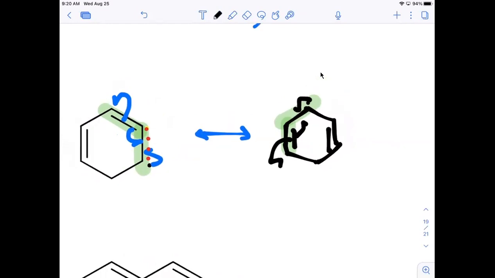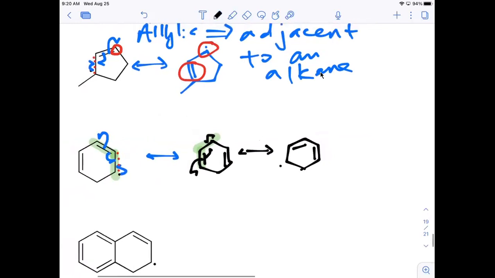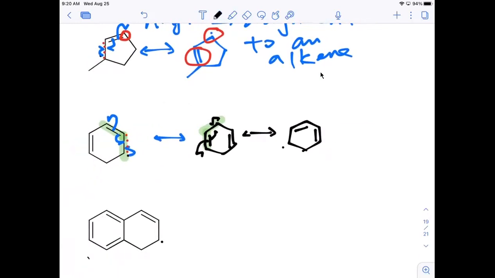So then I have another resonance form. And again, this can keep going for as long as I have donors and acceptors until I get to the point where I can only go in reverse. So I'm going to put this electron here and then put that pi bond there. So that radical had 3 resonance forms in total because it had a donor and 2 acceptors.